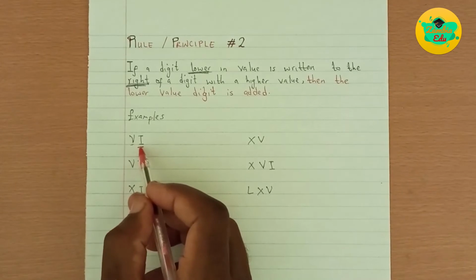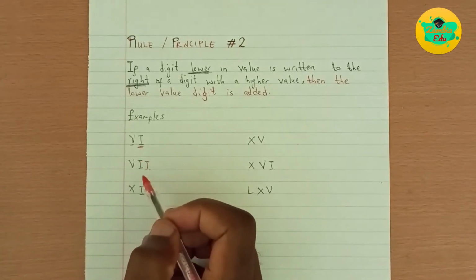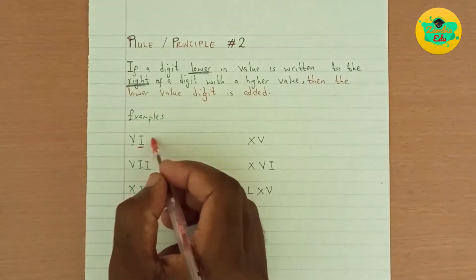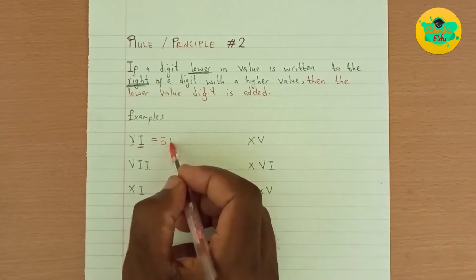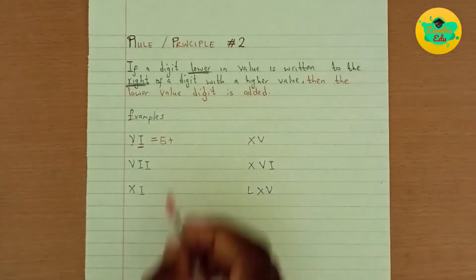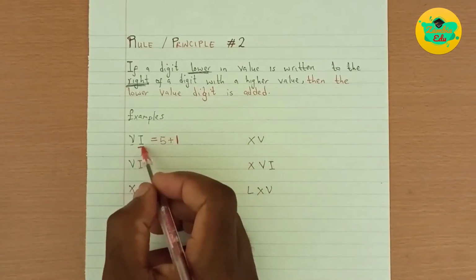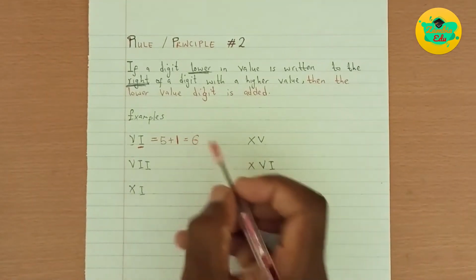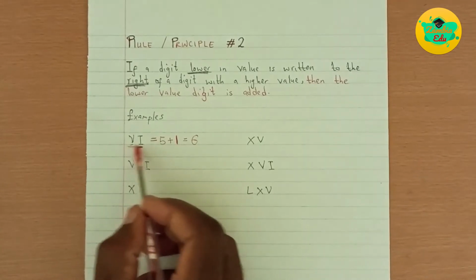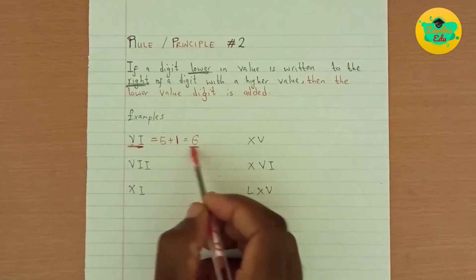We see that I has been put on the right of the letter V. So I, which is smaller in value, on the right, means you are going to add the value of the smaller digit I to V, which is 5, which gives us the answer 6. So this Roman numeral represents 6.